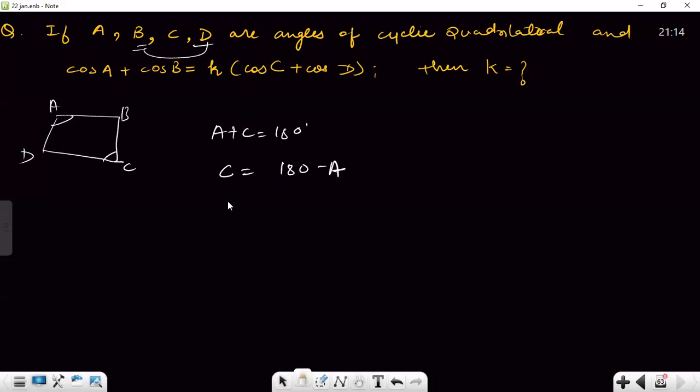So angle D can be written as 180 minus B degrees. Is this point clear?